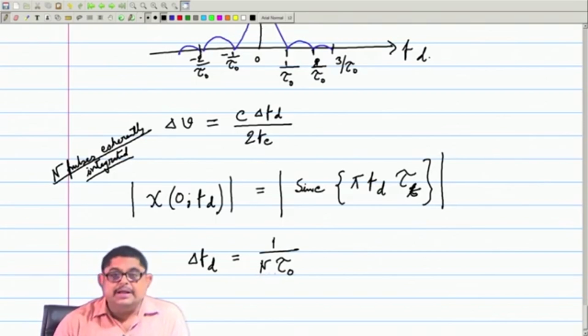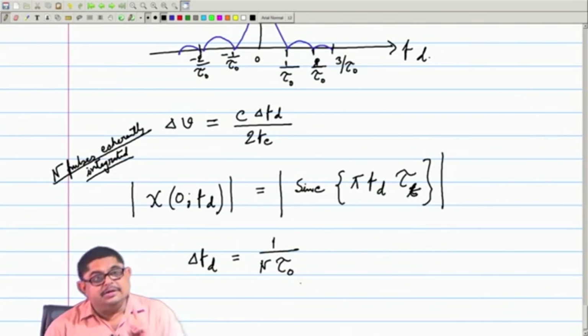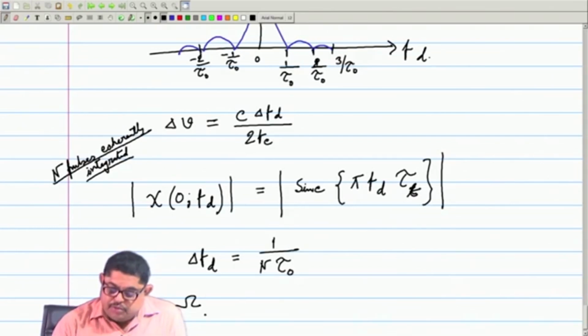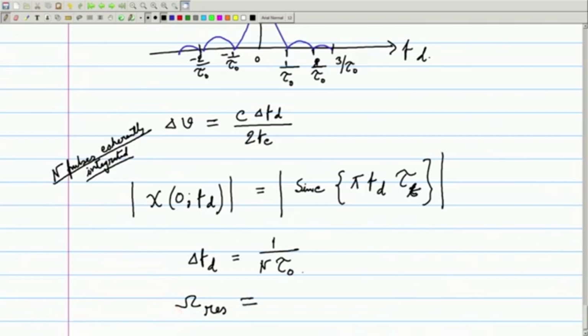This can be validated, because in the previous class I also found the resolution in the Doppler domain, and if you compare with these parameters, it is nothing but 1 by n tau naught. So, if you have increased the pulse width, that means n number of pulses, n into tau naught, that will automatically improve it.